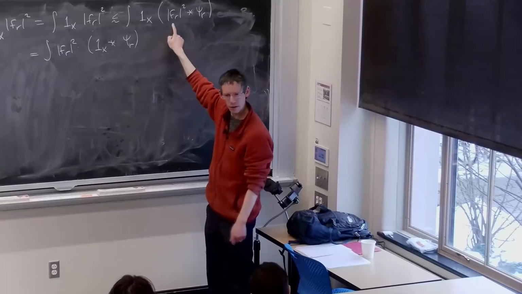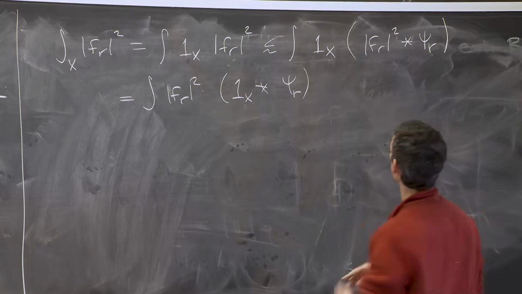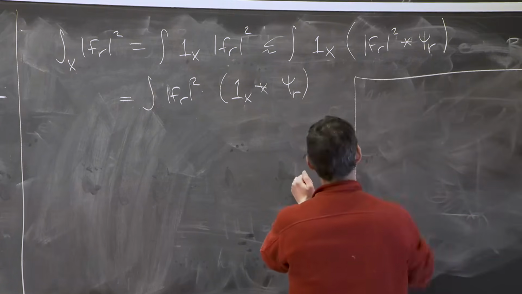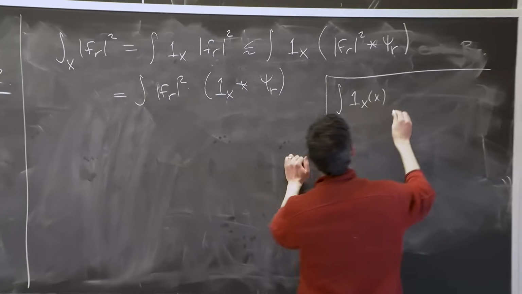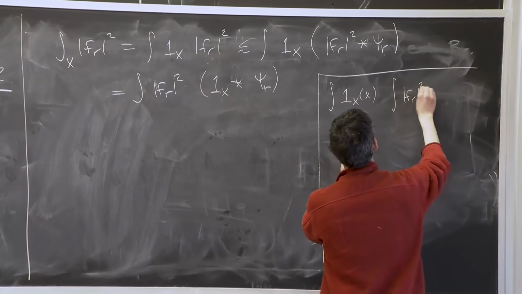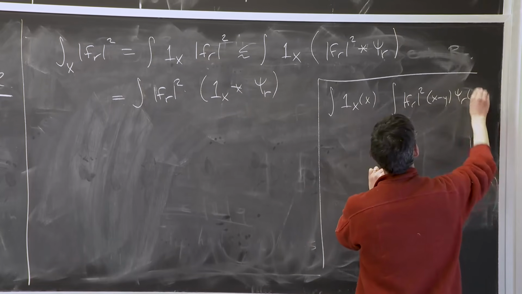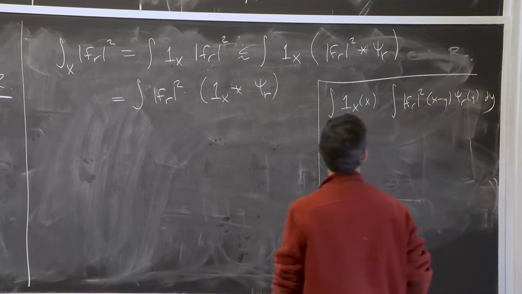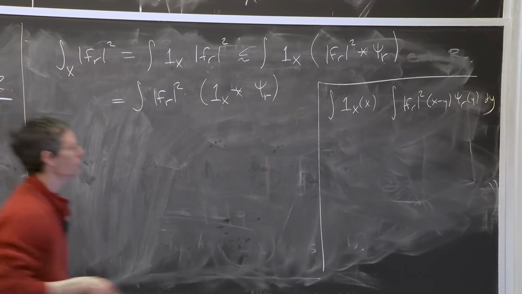Does that step, do you see that? Yeah. OK, let's do it. So the algebra is like this. I have the integral 1x of x, and then I have this convolution, which is the integral fr squared of x minus y, cr of y dy. No, let me do it the other way.